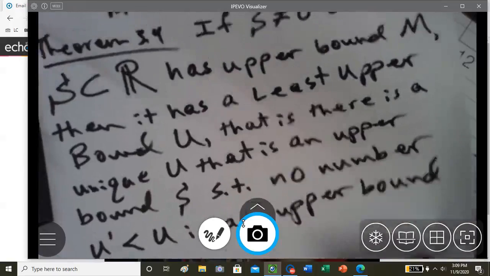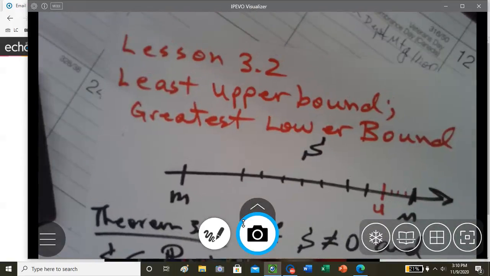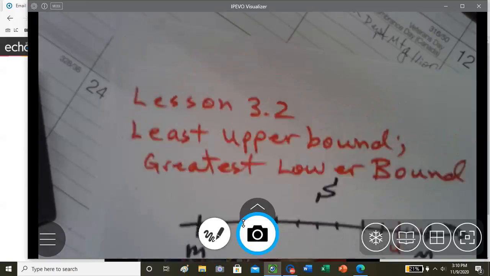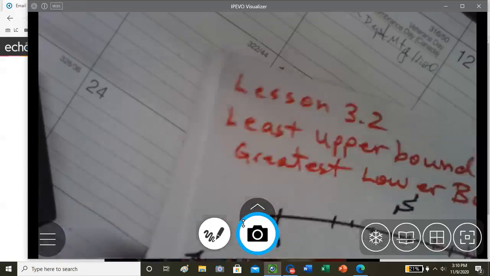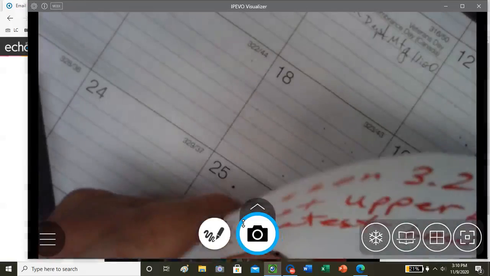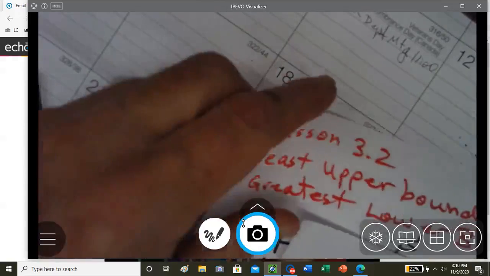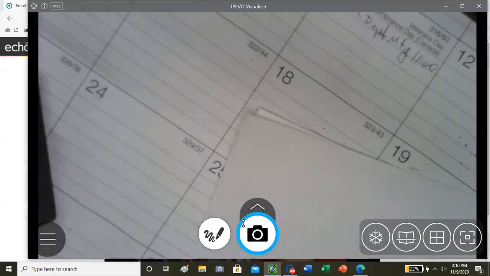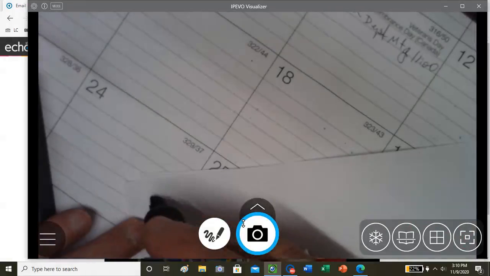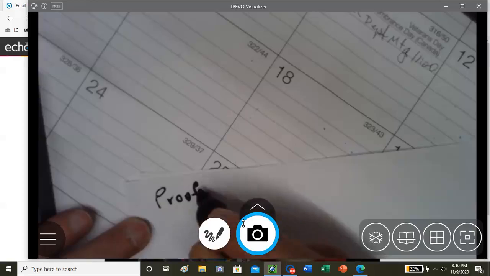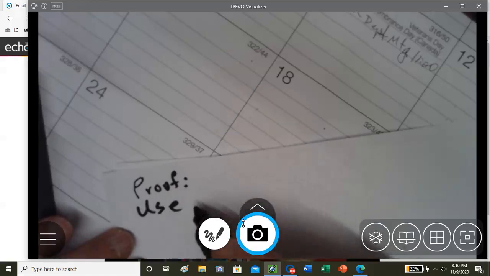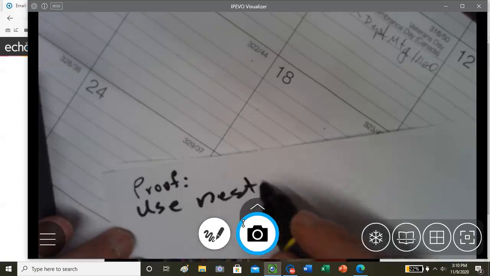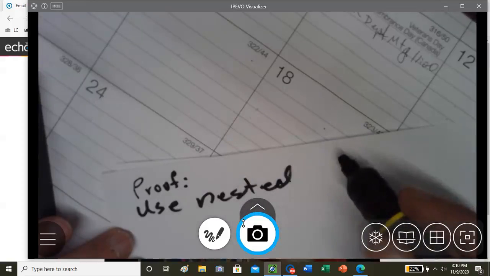So our proof. Therefore, our proof is we're going to use the nested intervals theorem.